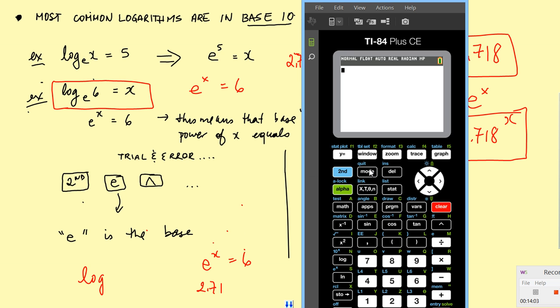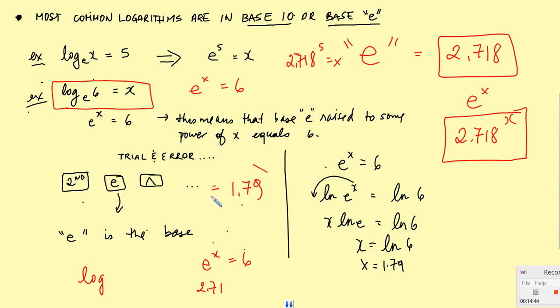So I go into my calculator, I go to the math, I go to log base, I press enter, and I go to second function and I press the division button, which gives me the e, and then that will be raised to the power of 6. And it gives me a value of 6. So e raised to some power will give me 6. So I get my answer to be 1.79, and there's my answer.